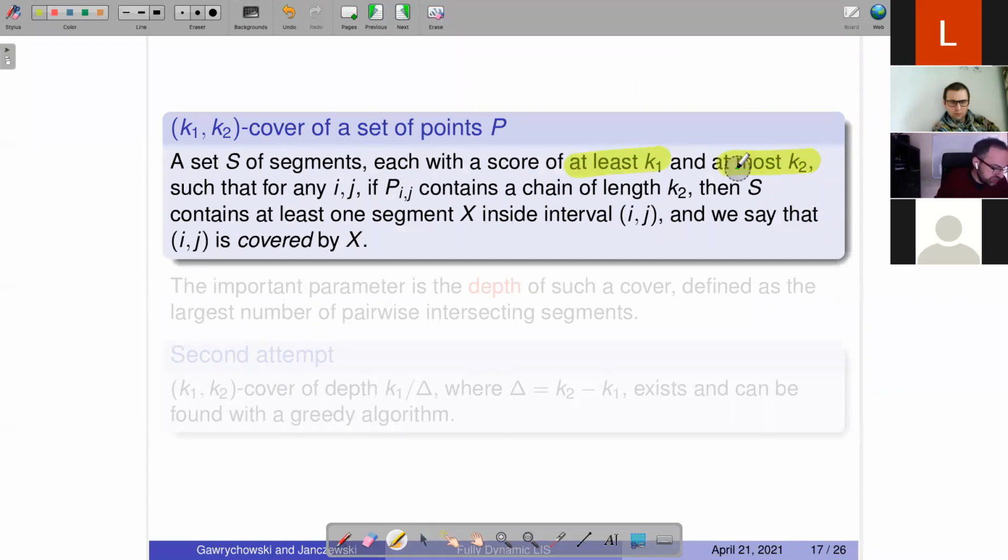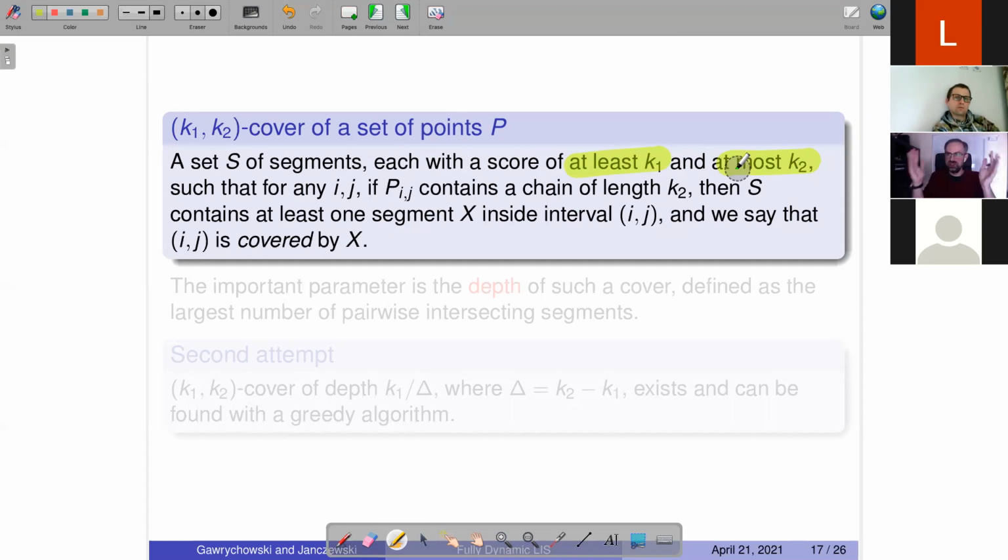And the guarantee should be that if you specify a range ij, and there is a chain of length k2 in this range, then the set of segments should contain at least one segment fully inside your query range.